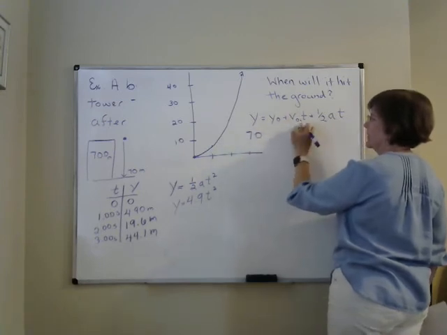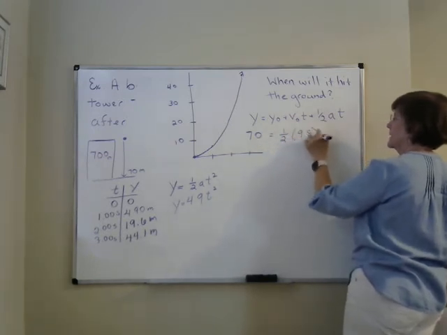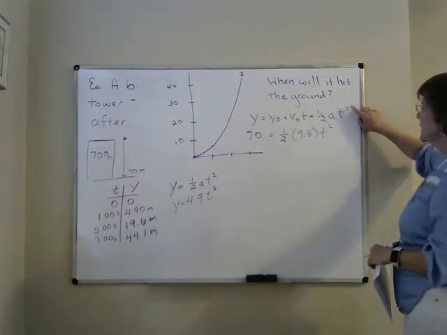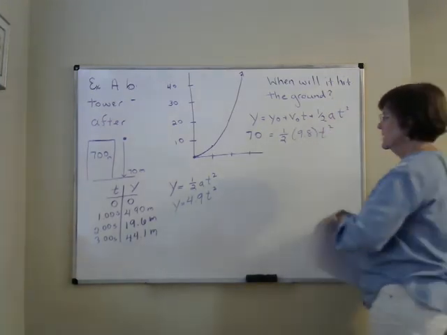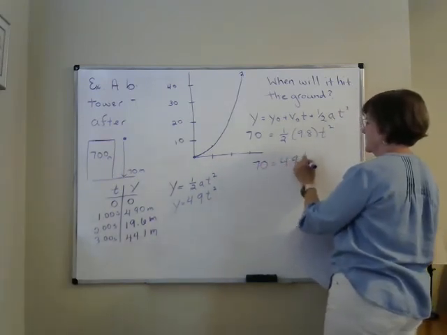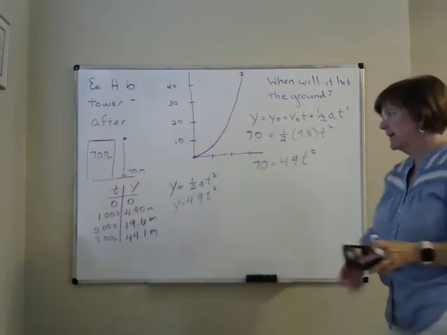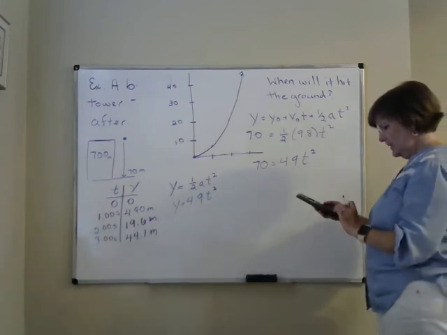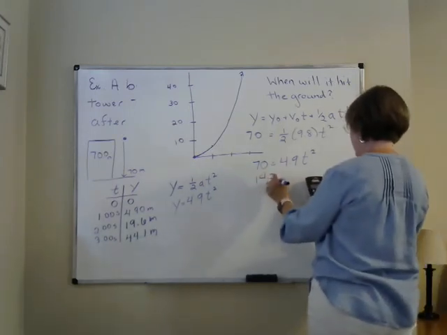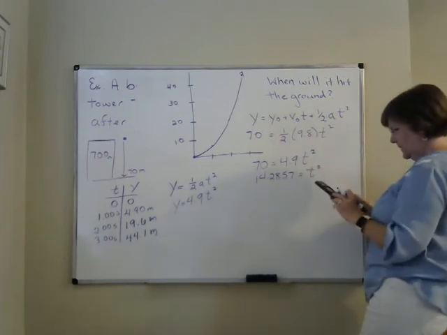That was 0, that was 0, 1/2, 9.8, t squared. Watch out, I accidentally left the 2 off. It's really easy. That depends on t squared. So 70 has to equal 4.9 t squared. I'm going to have to divide by 4.9 and then take my square root. So 70 divided by 4.9, I end up getting 14.2857 equals t squared.